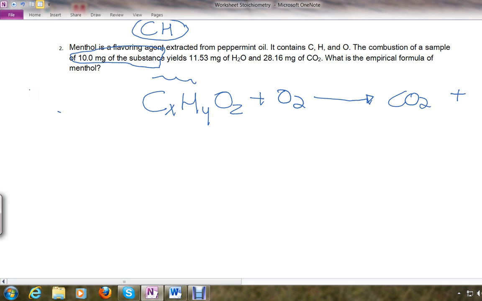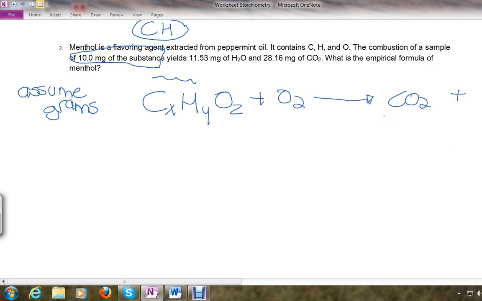We can assume grams is identical because remember, what we're finding out is the mole ratio, as it is a ratio. So anyway, let's do it like that, and I'll explain it after you see it. So let's go ahead and assume grams instead of milligrams to simplify it. The ratio should be the same.